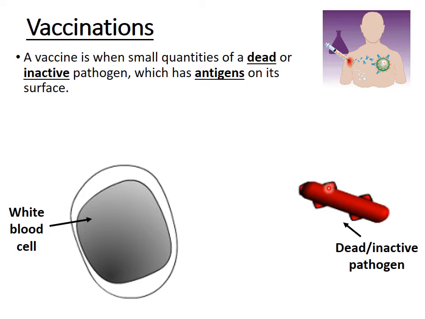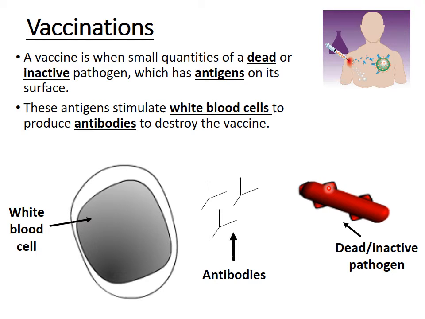And so what that's going to do is stimulate the white blood cells to produce antibodies against those antigens. Those antibodies will help to destroy the pathogen, or the vaccine in this case.